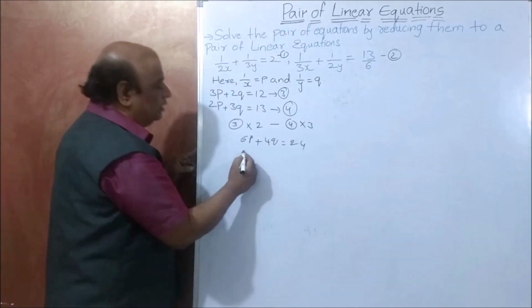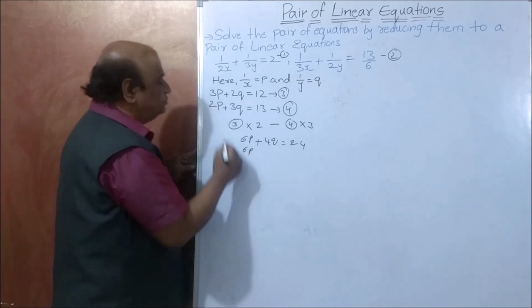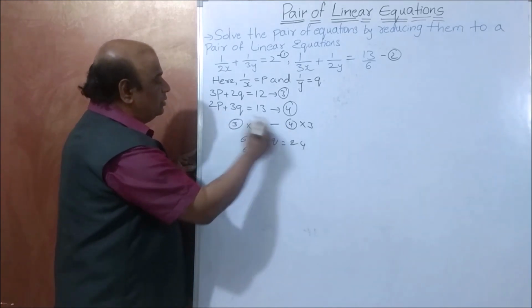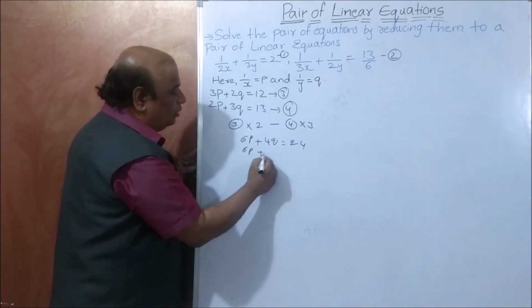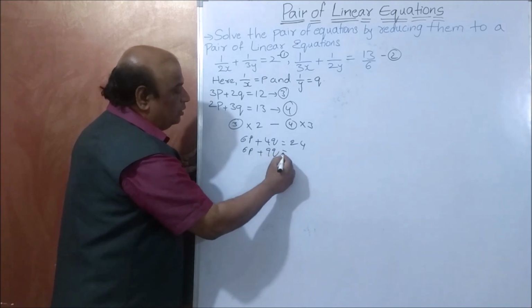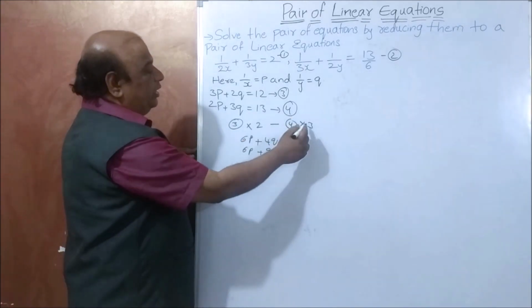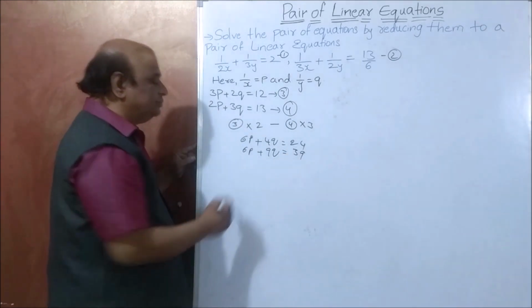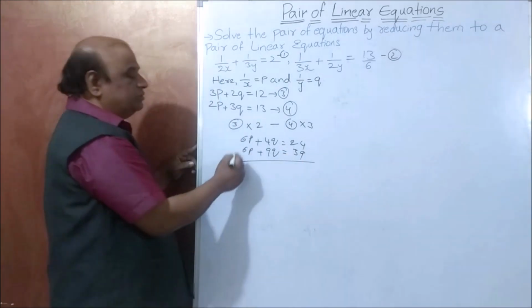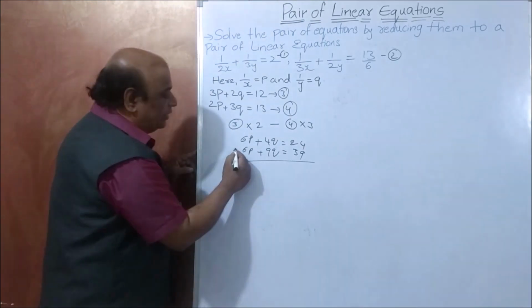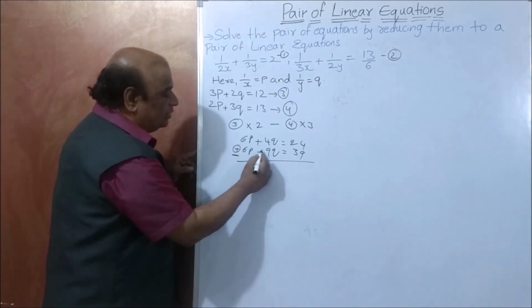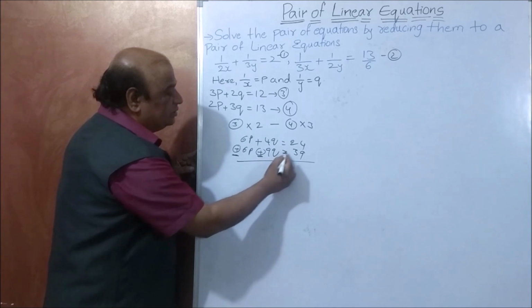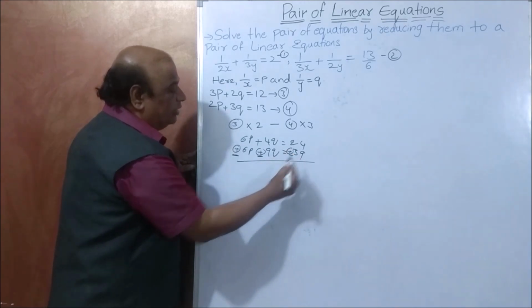Fourth equation, again 6p plus 3 threes are 9q is equal to 13 into 3, 39. Now these have the same signs, that's why we are subtracting.